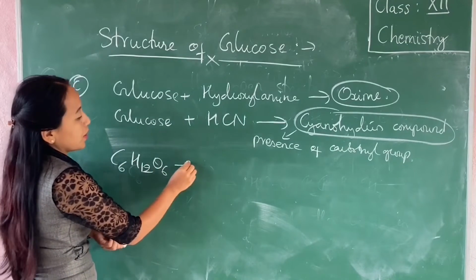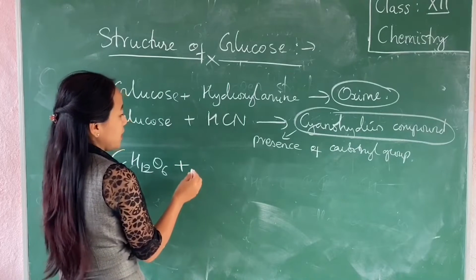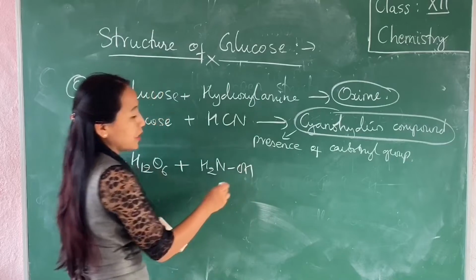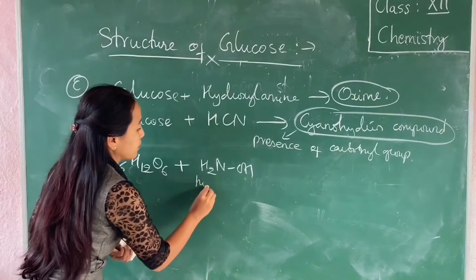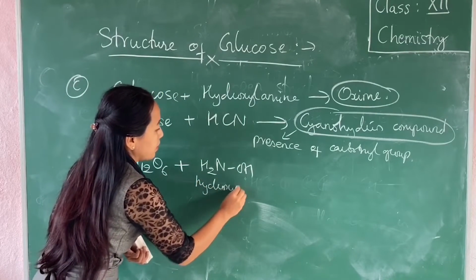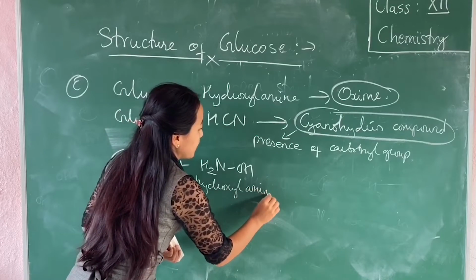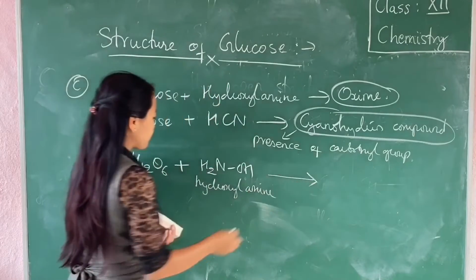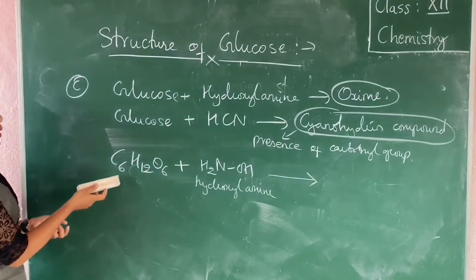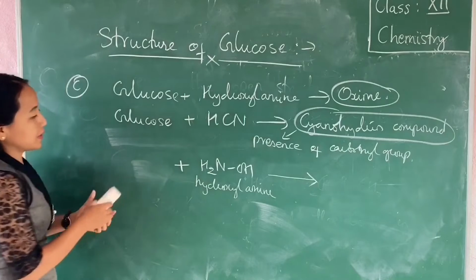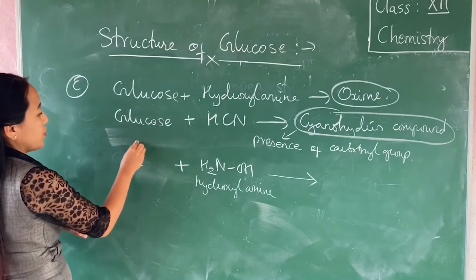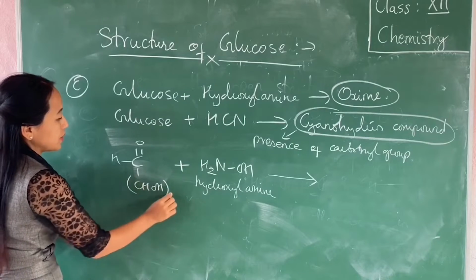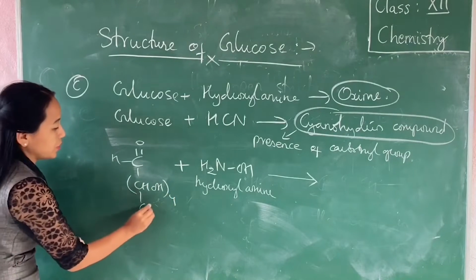C6H12O6 on treating with hydroxylamine, that is H2NOH. This is your hydroxylamine. Now when glucose was reacted with hydroxylamine, it forms an oxime compound. How does that happen? Glucose can be written as C double bond O H, CHOH four times, and then CH2OH.